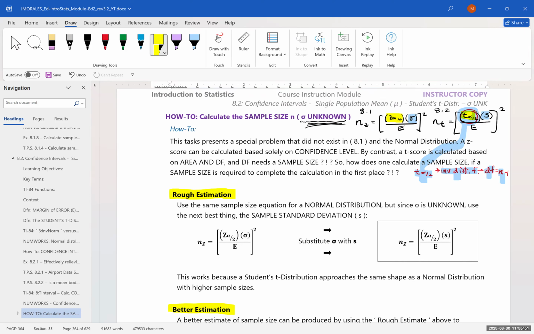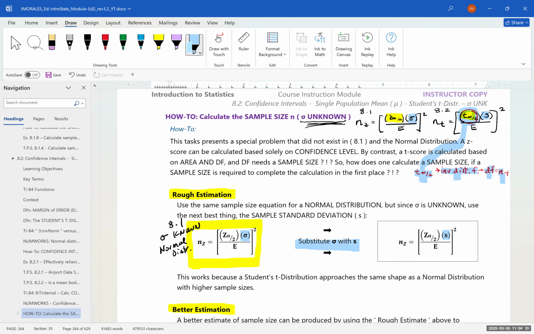We take the formula for calculating sample size that we had in the last section, when sigma was known. Because we're doing Z alpha 2 scores, we're going to use a normal distribution. We're going to take this equation and substitute the sample standard deviation in place of the population standard deviation. And that's the best we can do.